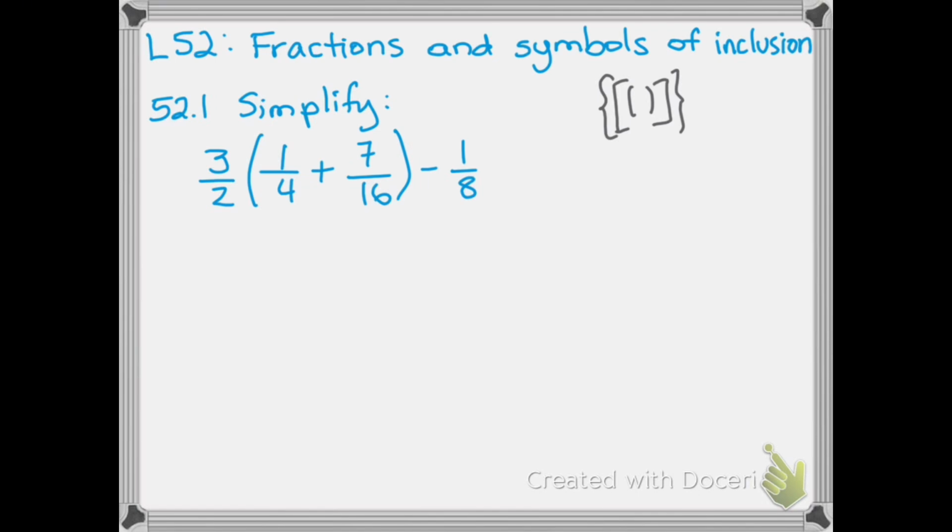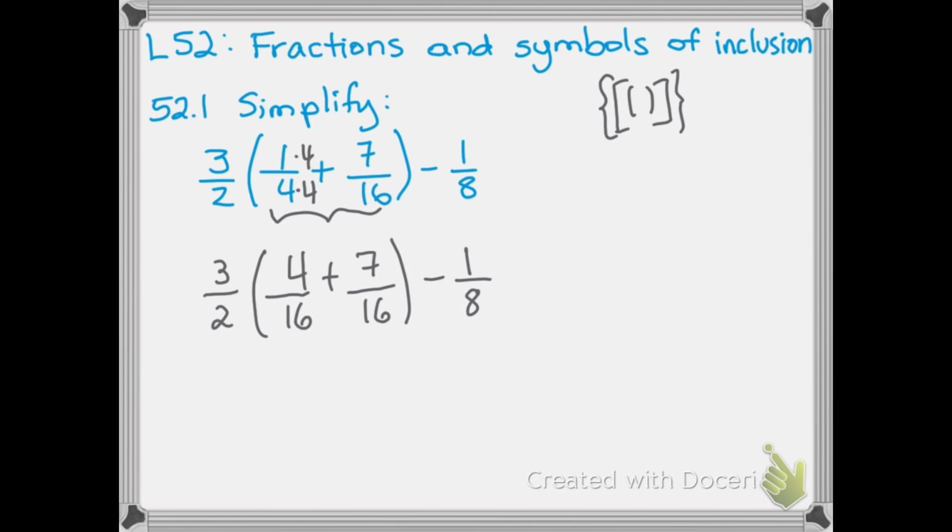So what we're going to do is first simplify these parentheses, and since it's an addition, we have to do common denominator. The common denominator in this case is 16, so we will multiply the 4 times 4 and the 1 times 4. Then we simplify this, and that is 11 over 16.